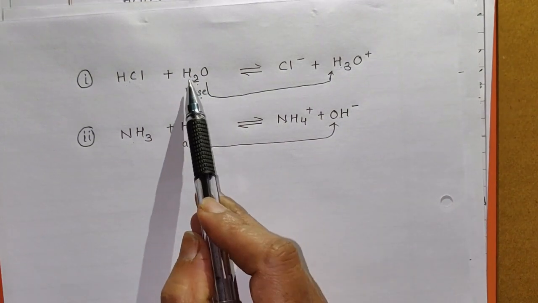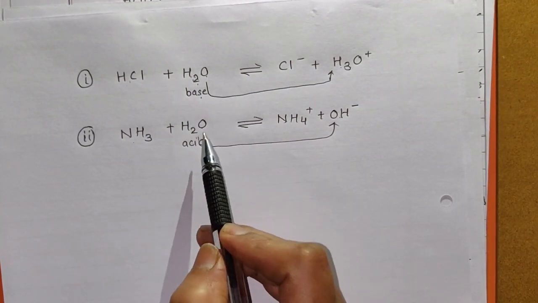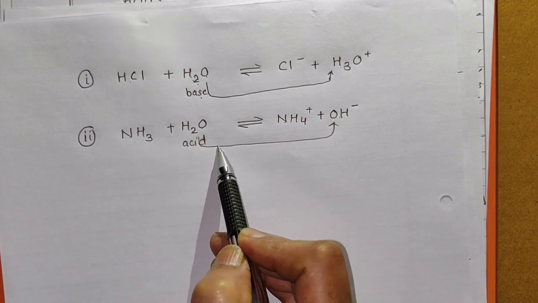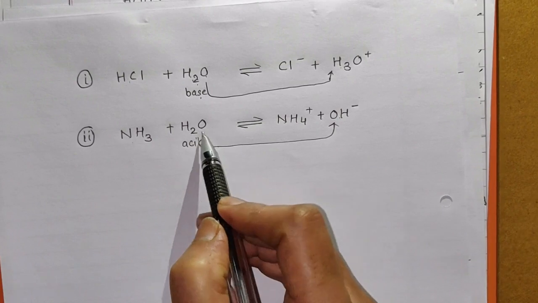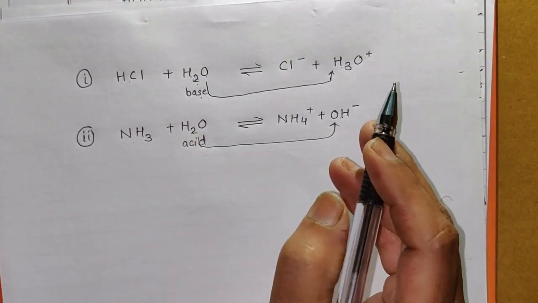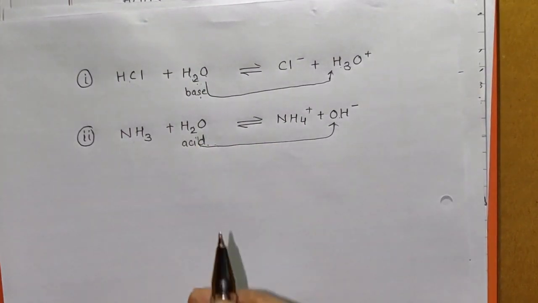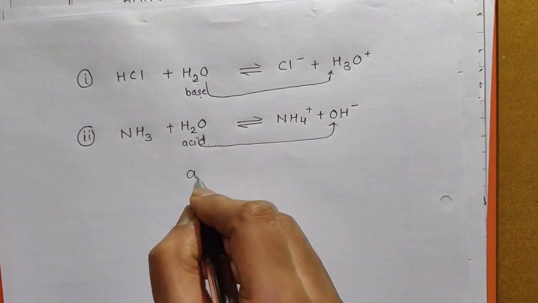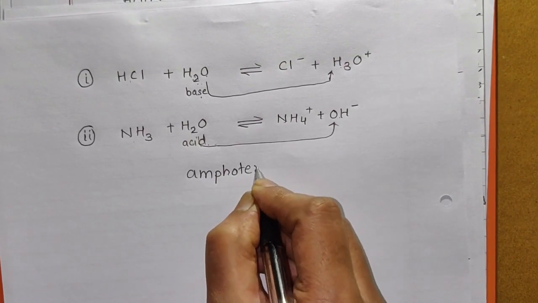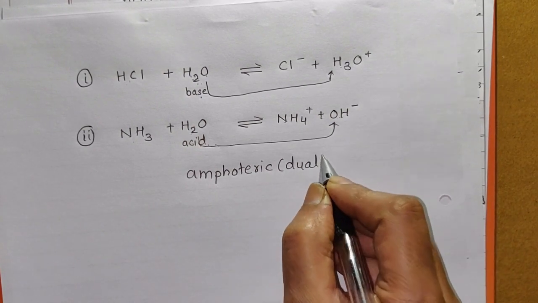That means in the first reaction, water acts as a base, and in the second reaction, it acts as an acid by donating proton. So you can say that water can donate proton as well as it can accept proton. So it shows acidic nature as well as basic nature. And this nature of water is called the amphoteric nature of water, or it is also called the dual nature of water.